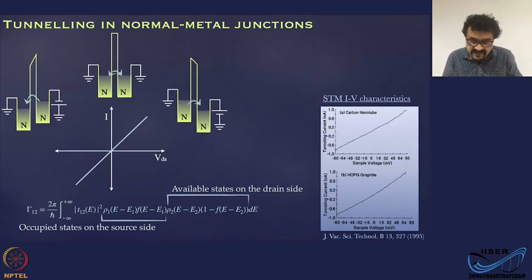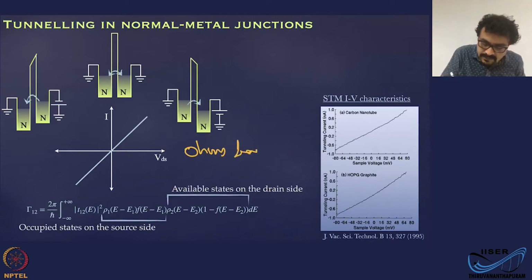And this difference of the Fermi functions eventually reduces to the applied bias, which you have seen in one of the previous lectures. And this is going to obey Ohm's law. For small bias, you will get Ohm's law.